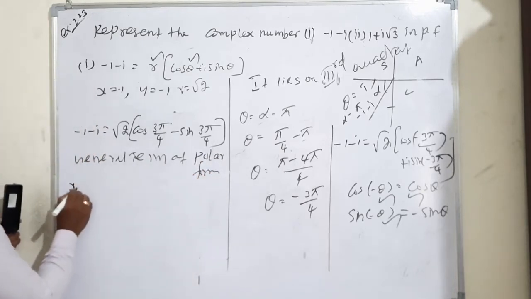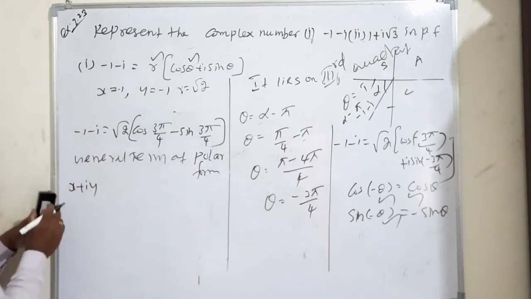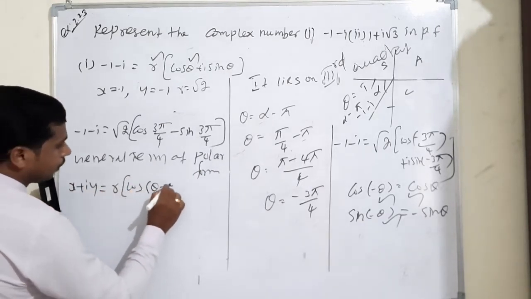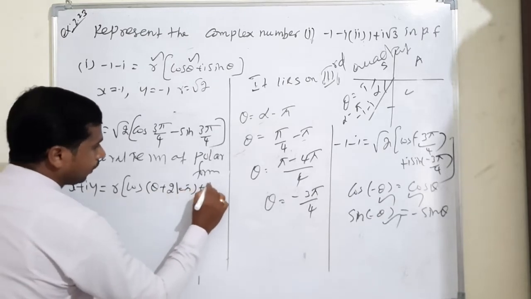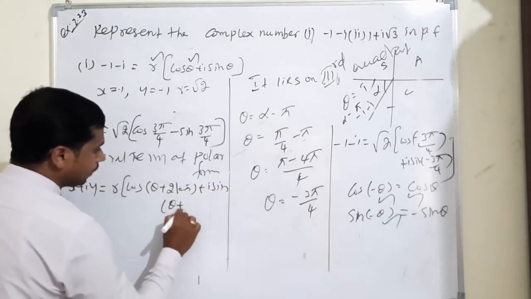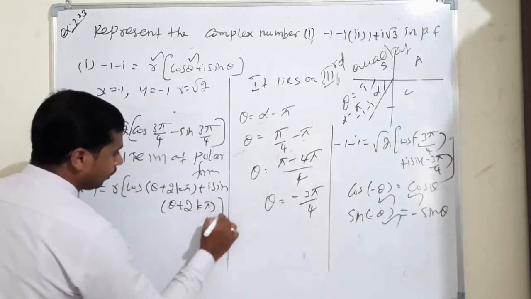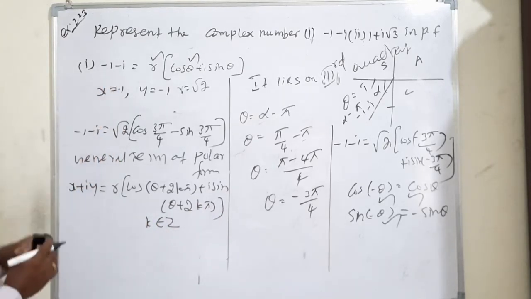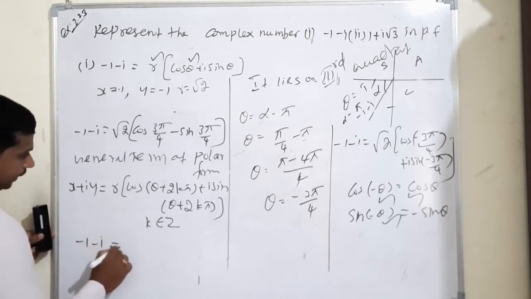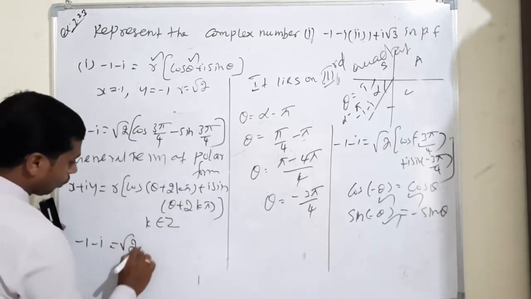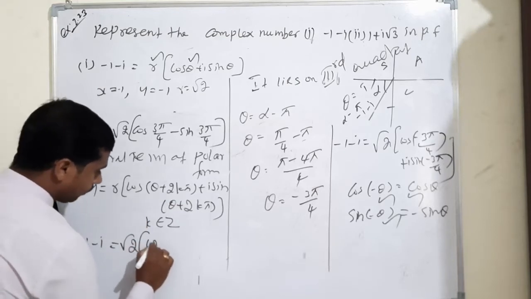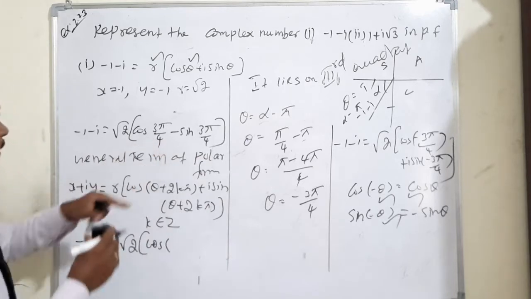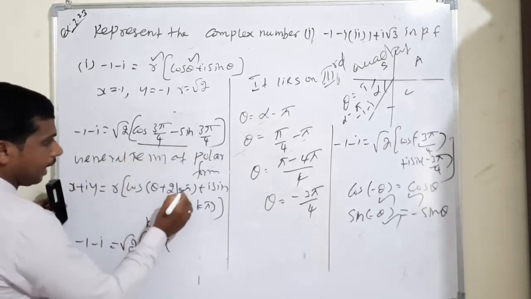General term of polar form means x plus iy is equal to r into cos of theta plus 2k pi plus i sin of theta plus 2k pi, where k belongs to the set of integers. Now, for x plus iy, which is minus 1 minus i, the r value we found is root 2, and cos of theta, the value we just replaced, is one of the values, but add only the 2k pi.